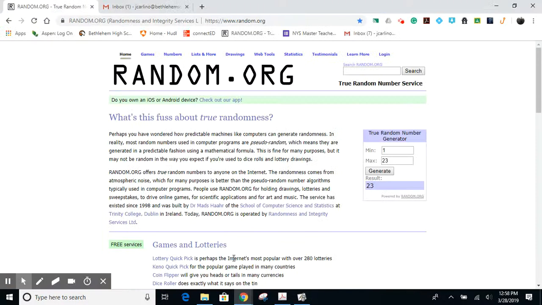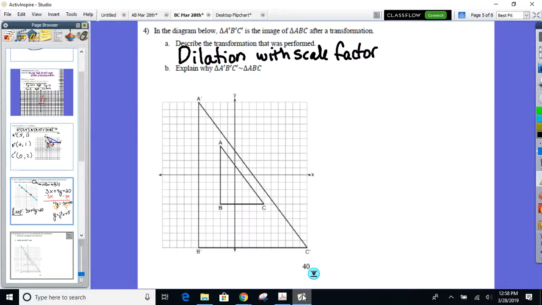Scale factor. What is it? 2.5. If you left it 5 over 2, 15 over 6, that's fine too. Yeah, that's fine. All right, why are they similar?